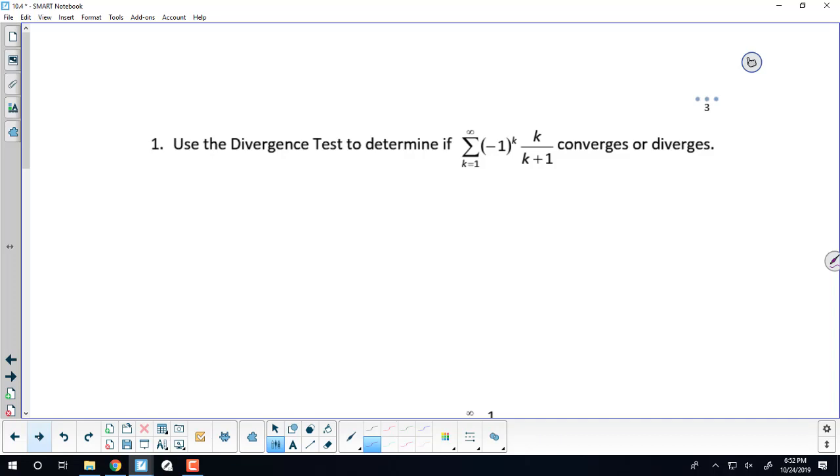So remember, the divergence test says that we compute the limit at infinity on the kth term, which is just explicit to the summation notation.